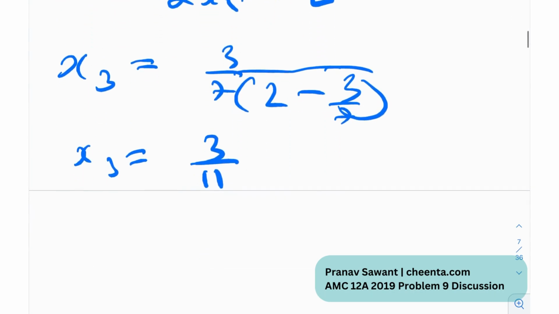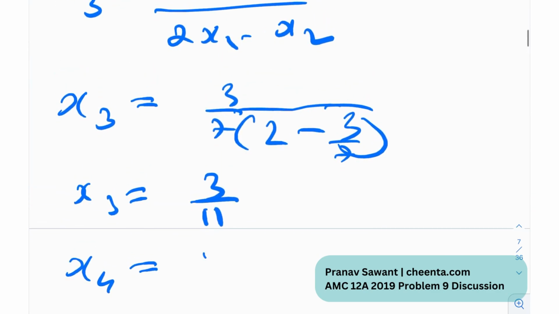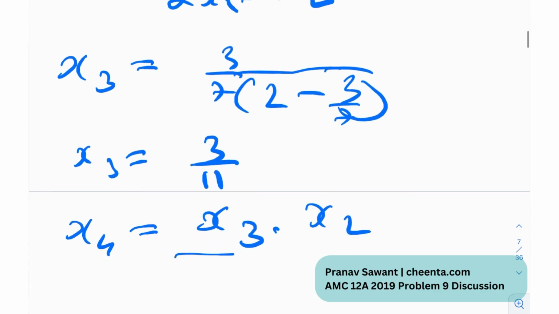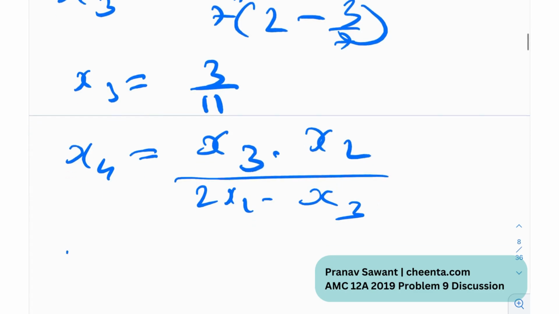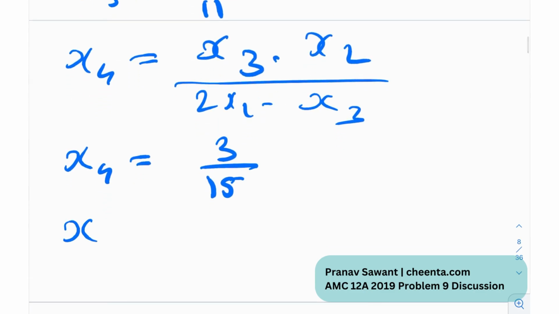Now if I try to find x4, it would be x3 times x2 divided by twice of x2 minus x3. Again, if you find the value, you would get 3 over 15. Similarly, you can find x5 and you would get 3 over 19.